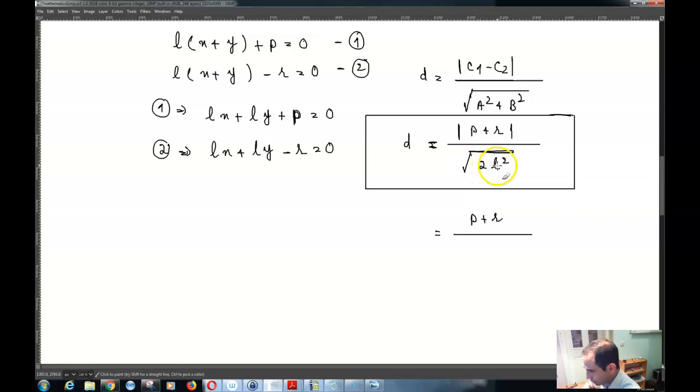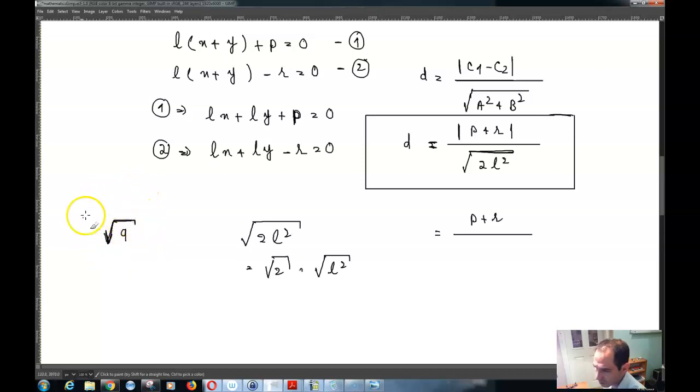you see, the trouble over here is that, for example, when you have the square root of 2L squared, that is the same thing as square root of 2 times the square root of L squared. Now suppose that, for example, you have the square root of 9. If you're dealing with the principal square root function, this would be equal to 3.